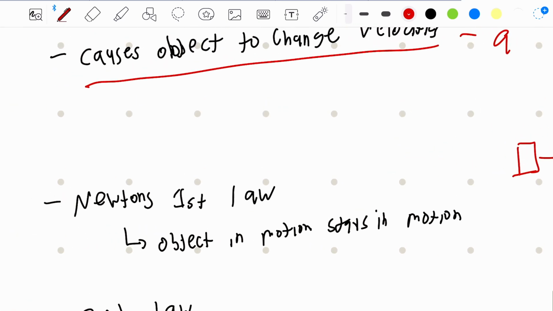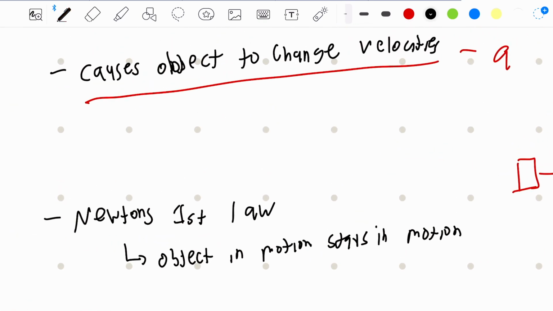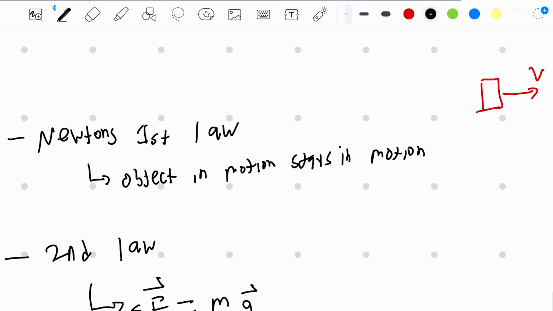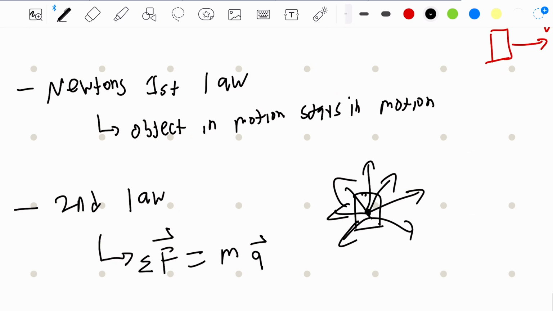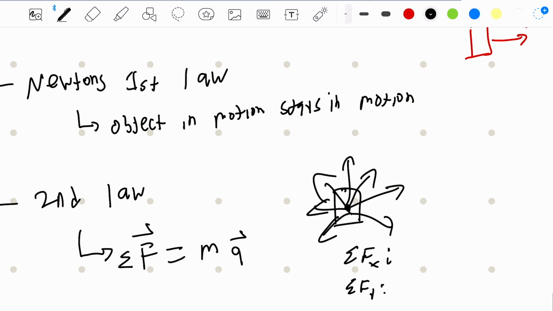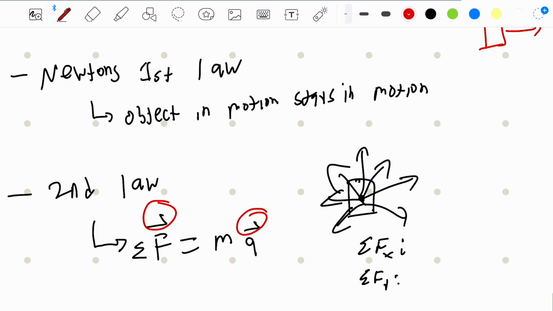Newton then came up with a second law, and we'll get to why this is the case in later lectures. He says that if there's some object and it has some number of forces, this could be 6 different forces, the sum of all the forces in their respective directions, so that includes the sums of the forces in the x and the y, because our force, you see this little thing here says it's a vector, is equal to the mass times the acceleration in said direction.